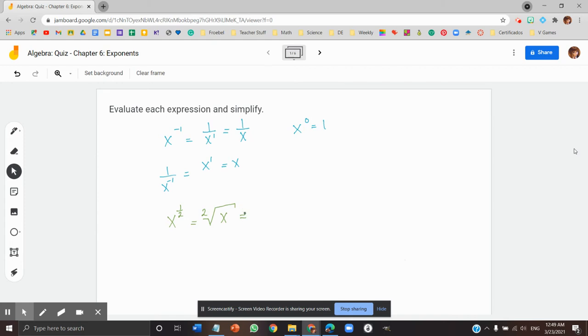And this is the same thing as this. Again, I don't have to write that number 2 because it is a given. If it's bigger than 2, like 3 or 4 or 5, then we write it down. For example, if I have x to the third, then that is going to be the cube root of x. There, I wrote it down.